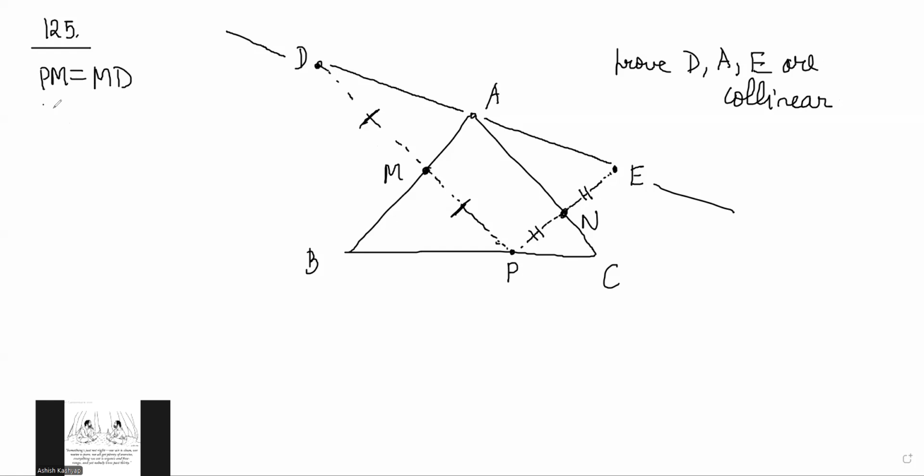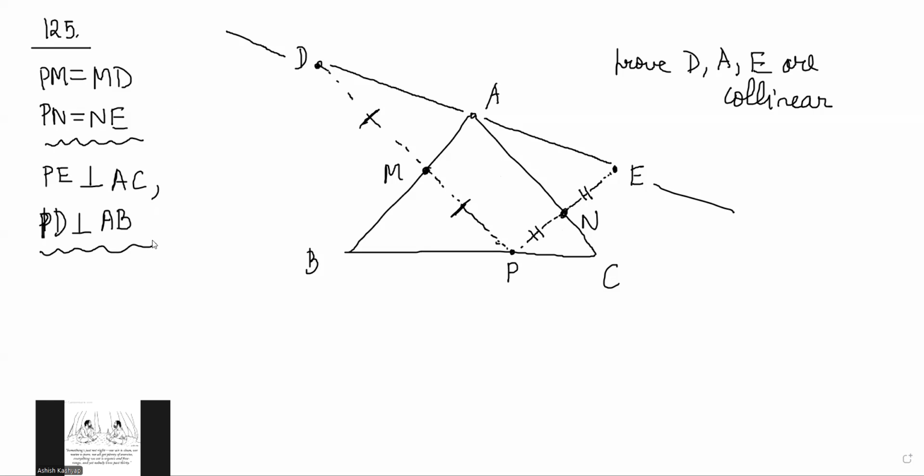We also know PN is equal to NE, right? We also know the lines are perpendicular. For example, PE is perpendicular to AC, and PD is perpendicular to AB. That is the information that we have.